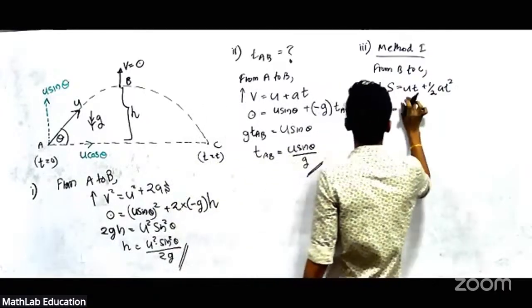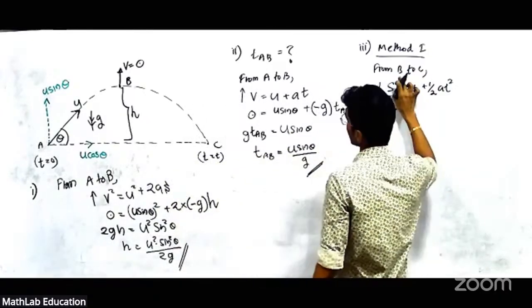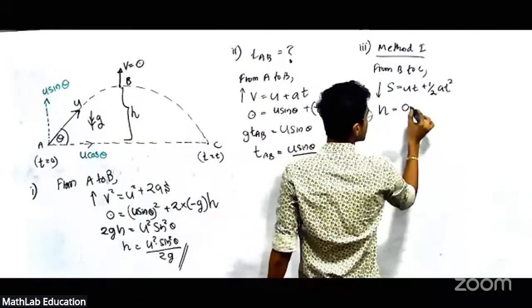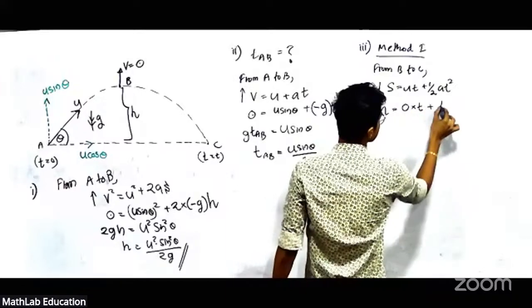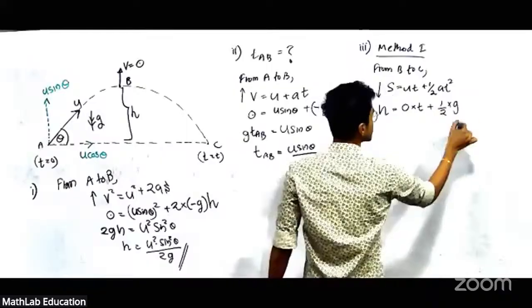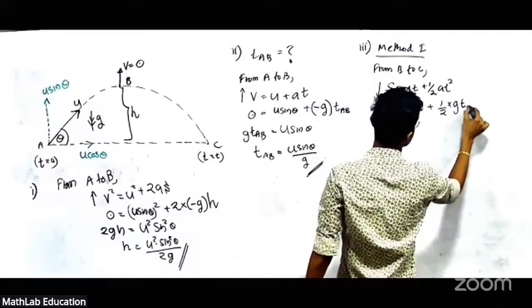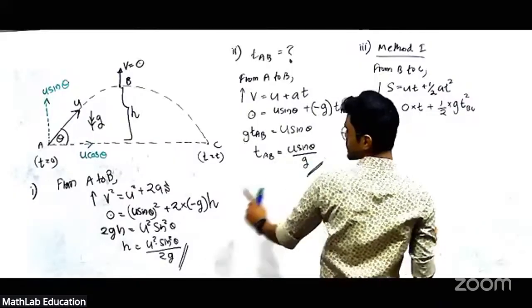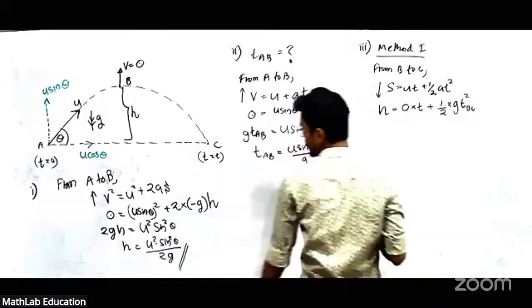And u is the initial velocity at B. That is 0. 0 into t is 0. Plus half, applying downwards, g is also downwards. Plus half g t BC squared. Now H is a known value, known from here.